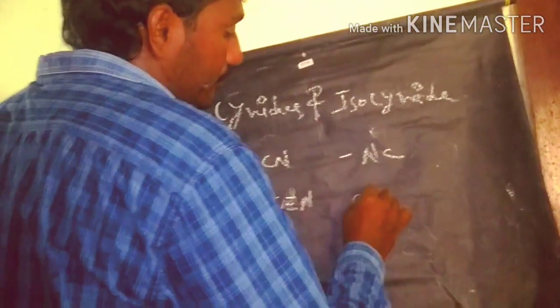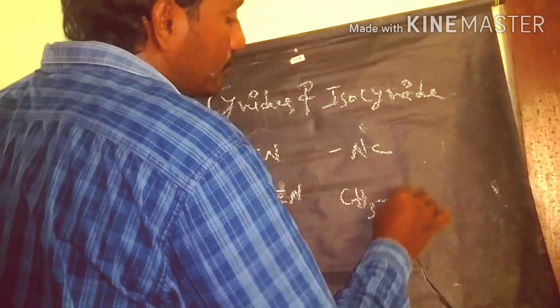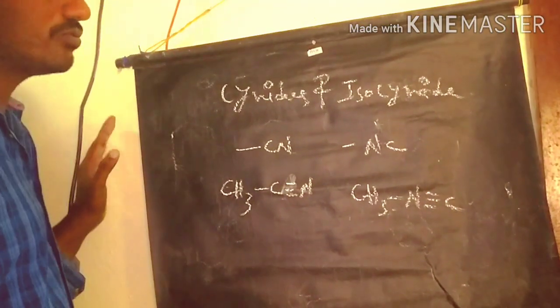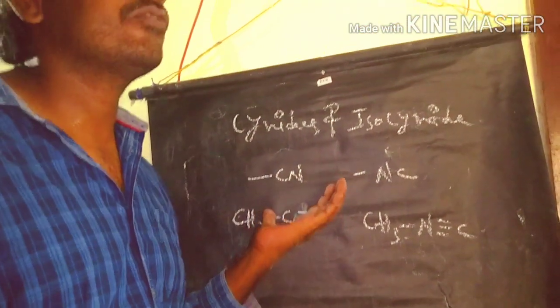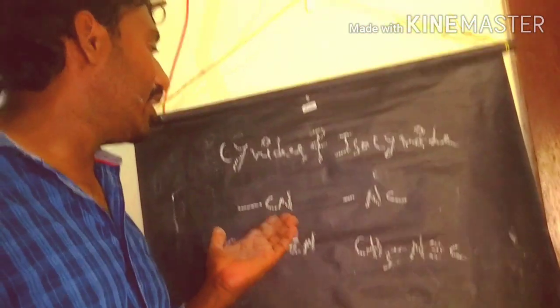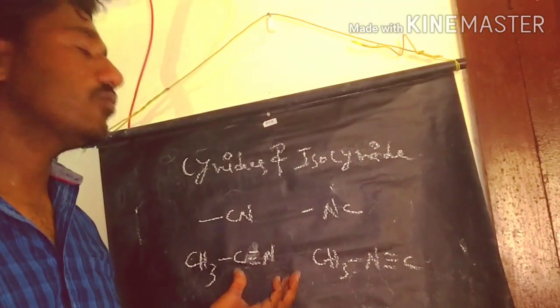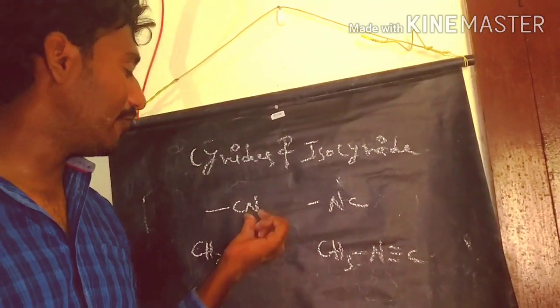Here we have nitrogen directly attached to the methyl group. So both are functional isomers, cyanides and isocyanates.